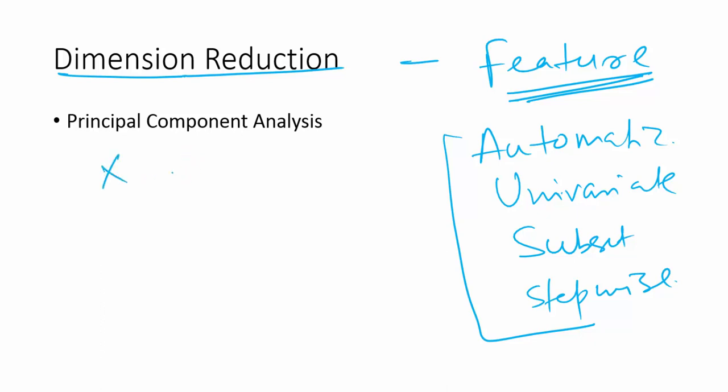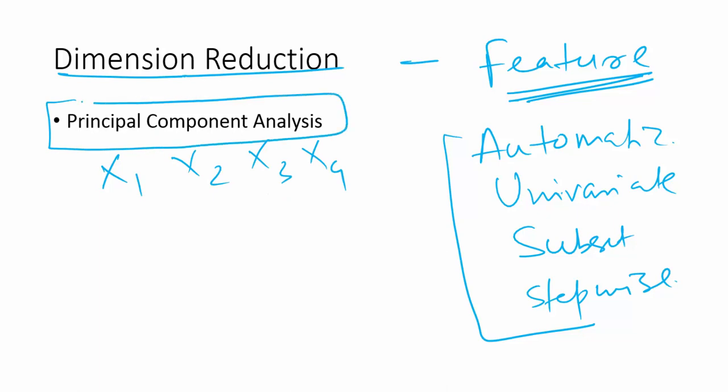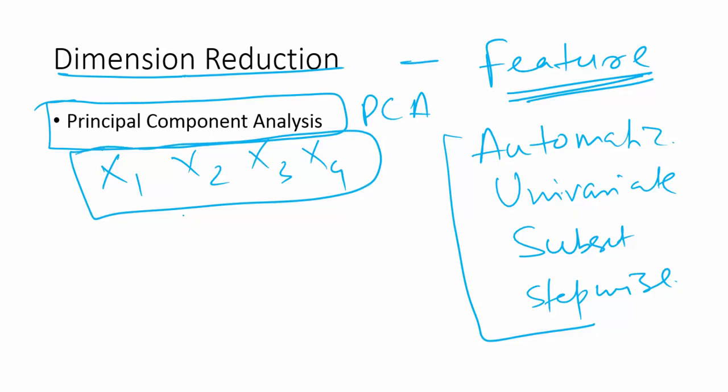Let's say you have 4 variables, x1, x2, x3 and x4. Principal component analysis is one of the dimension reduction methods. There could be other dimension reduction methods like factor analysis and so on. You can combine these 4 features in such a way that it reduces to a smaller set of features.